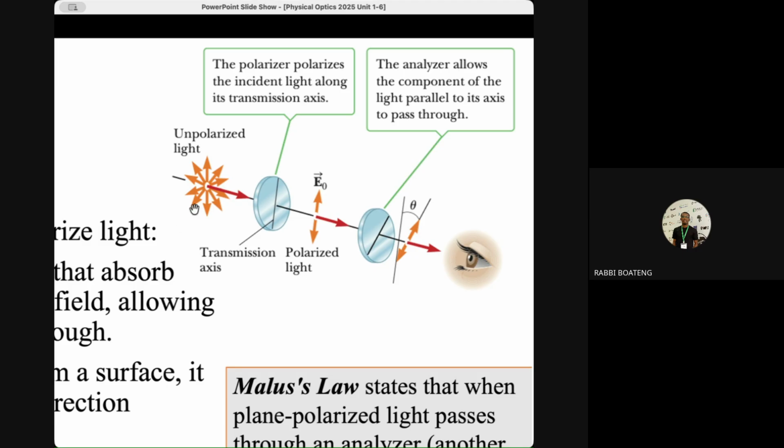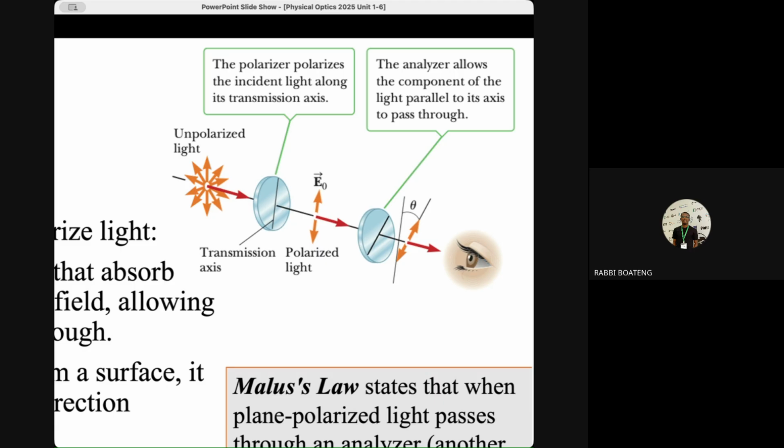And it's not only X and Y direction, but a lot of angles. A point like this travels in so many directions. So you can imagine points like this, another one in front, a lot of them in front. And that is what we call an unpolarized light. But we have ways of polarizing the light so that we just tell the light to travel in only one axis. Is that okay?